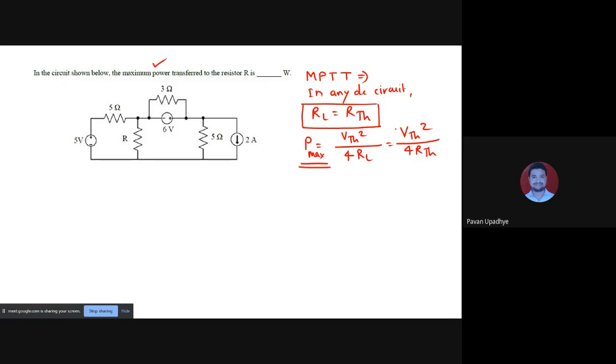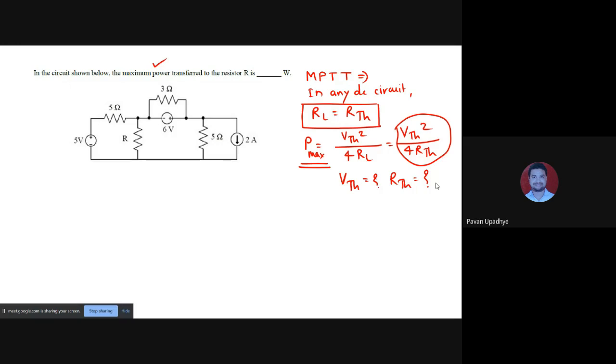To use this formula, we need to find VTH and RTH. So though it seems to be a numerical of the maximum power transfer theorem, without employing Thevenin's theorem this is not possible. It is a numerical based on both.